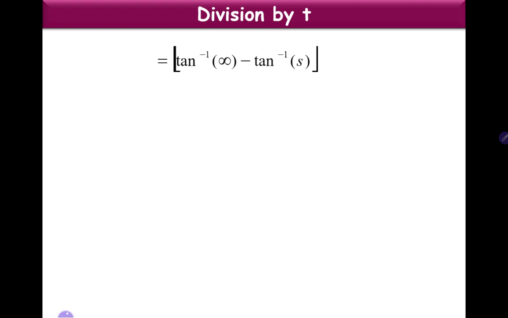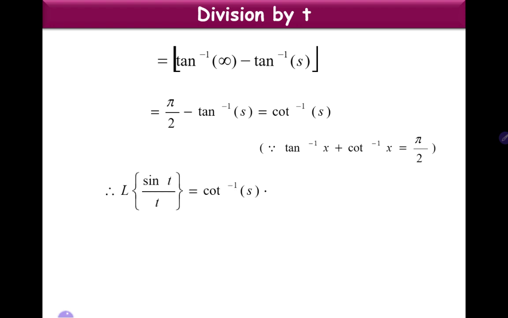At what angle does tan become infinity? At pi by 2. Therefore, tan inverse infinity is pi by 2 minus tan inverse s. And pi by 2 minus tan inverse s can be written as cot inverse s, because we have a property that tan inverse x plus cot inverse x is equal to pi by 2. Therefore, L of sine t by t is equal to cot inverse s.